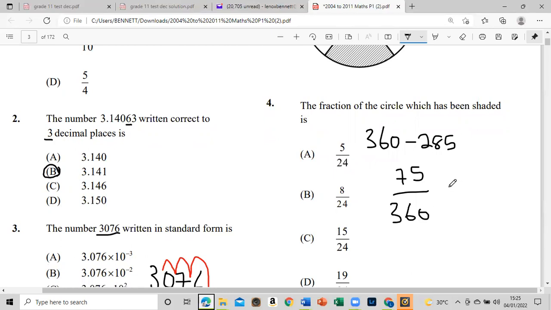So we have to break it down. Now 15, we can use 15. 15 into 75, 5 times, and 15 into 360, 24. So the shaded portion would be 5 over 24. So that's number 4. Let's move on to number 5.